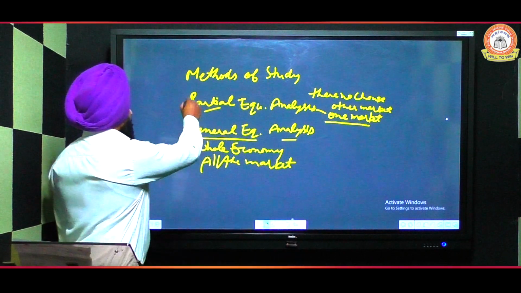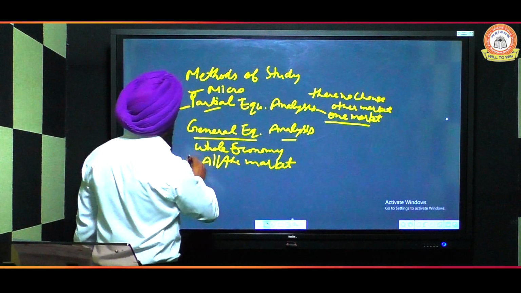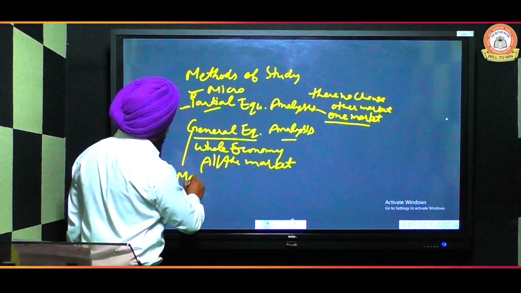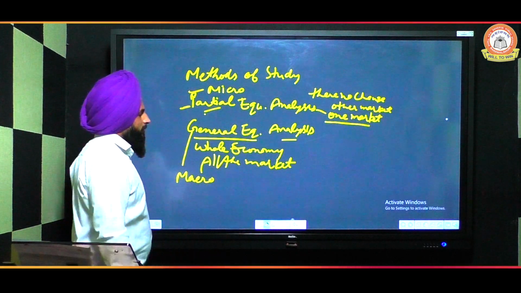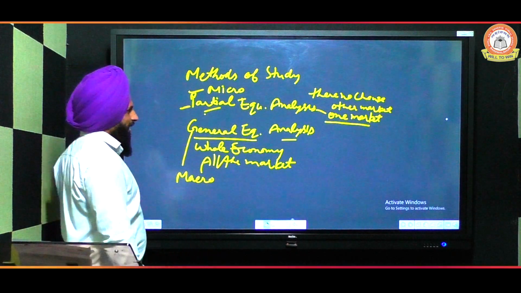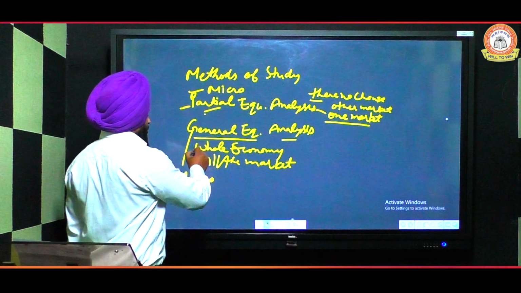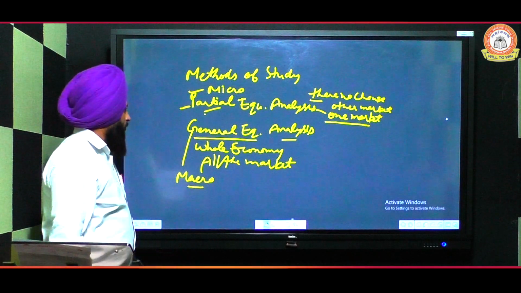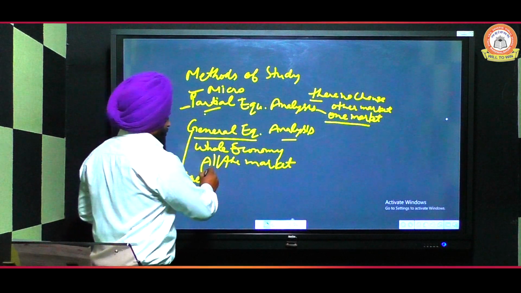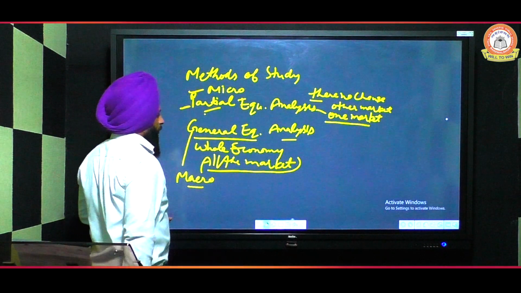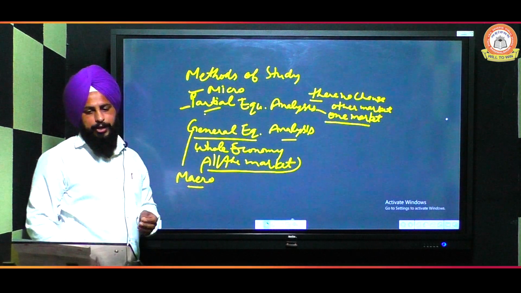So the partial method is used in microeconomics, and the general method is used in macroeconomics. Microeconomics discusses an individual market with no change in other markets, while macroeconomics deals with the general equilibrium analysis method, which discusses the problems of all markets at the level of the whole economy. This is all about today's chapter.